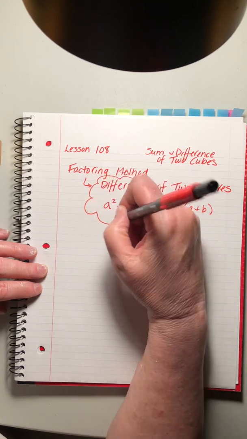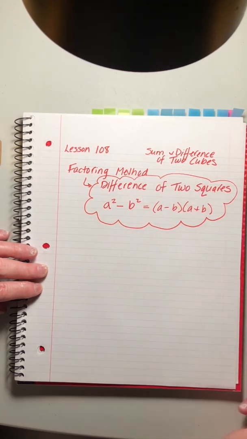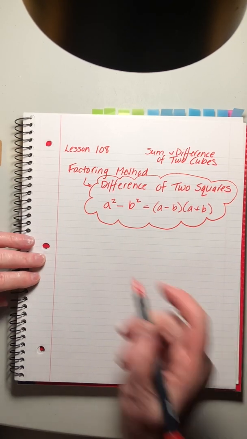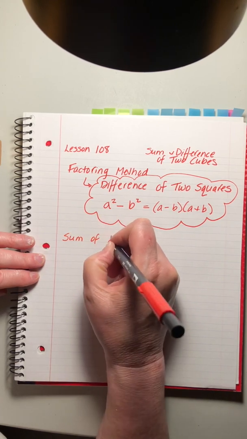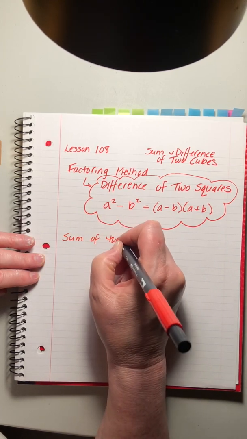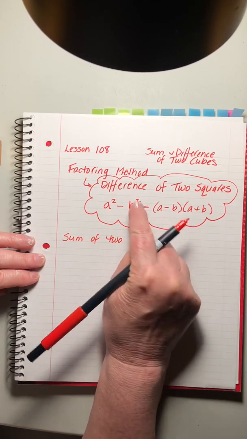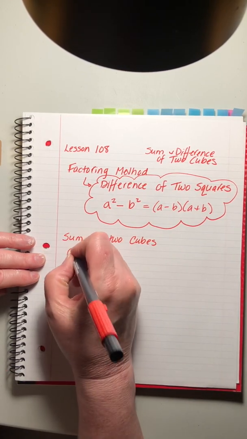The sum and the difference of two cubes are just slightly fancier versions of this. I'm going to start with the sum of two cubes. Now notice that these were squares and this says difference, and now I'm saying sum of cubes. So it looks like this.